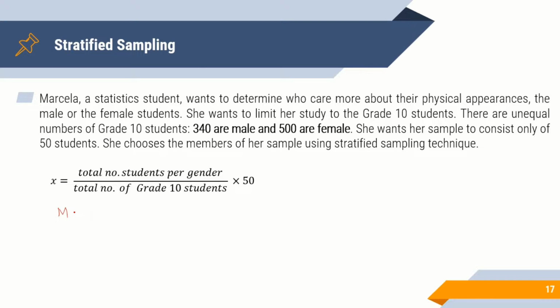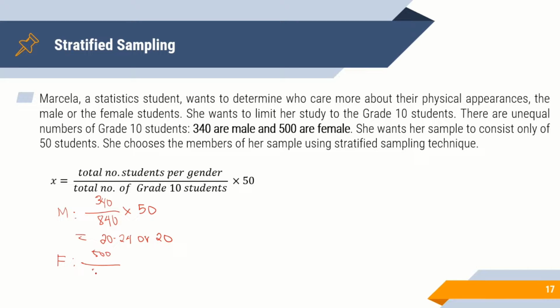So we get 29.74, or 30. So it means that the number of the sample we need to get from the male is 20 and the female is 30, which will be equal to 50.